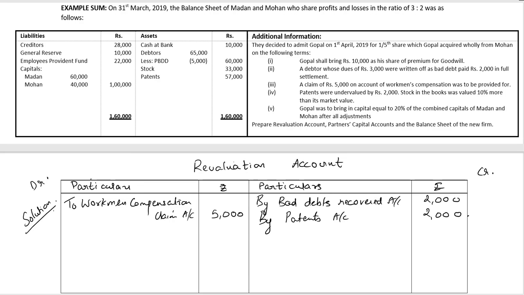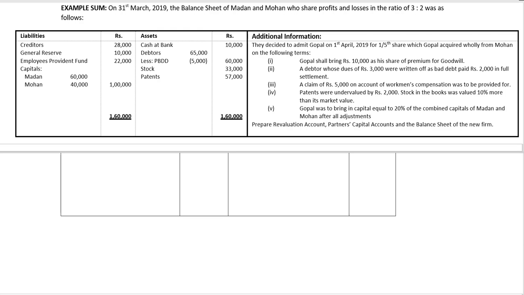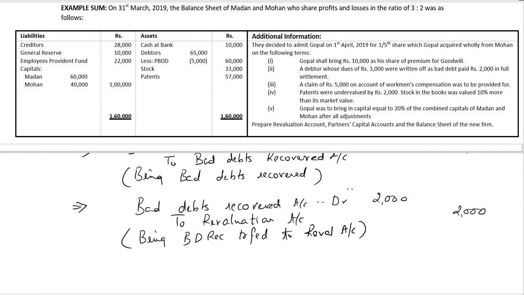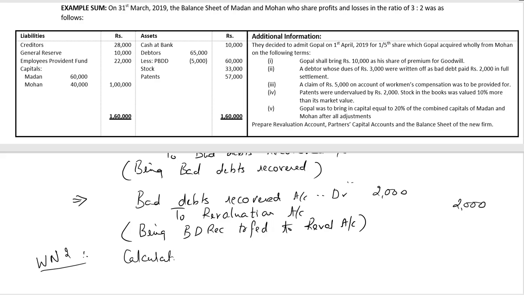It says stock in the books was valued 10% more than the market value. So let's do the working notes to calculate the actual value of stock. Working note 2, calculation of actual value of stock.